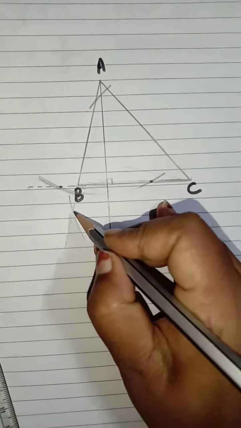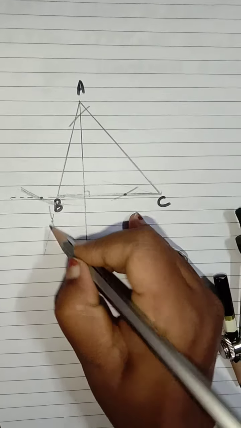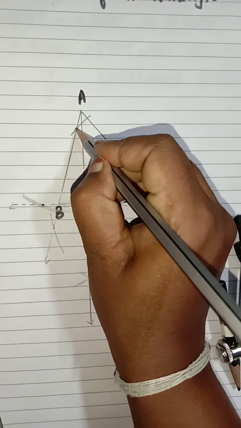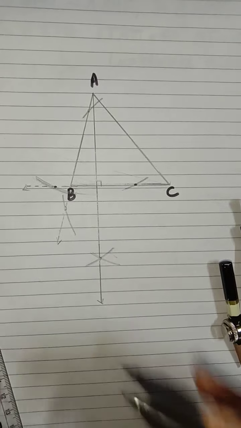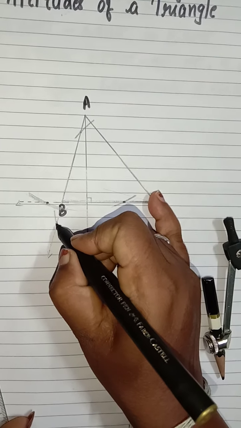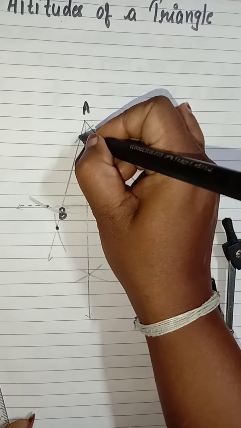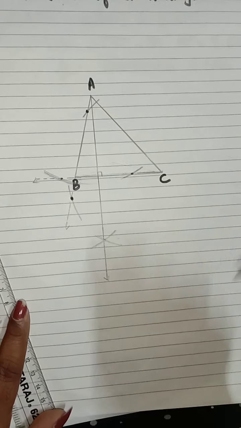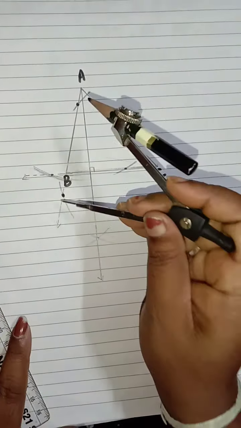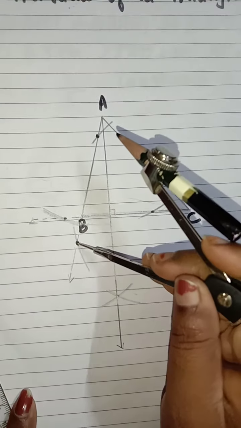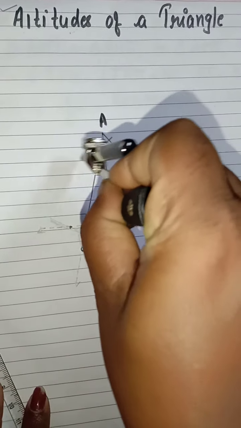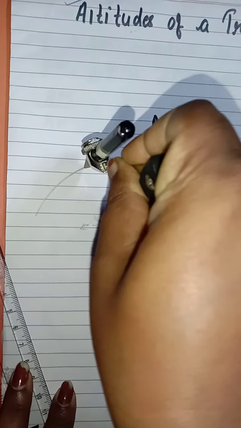Now you can see the mark, the point where the arc is intersecting the line. For BA this is one point and this is another point on the side. Now I will put the still point of the compass on this point, take a distance more than half, and draw the arc outside.